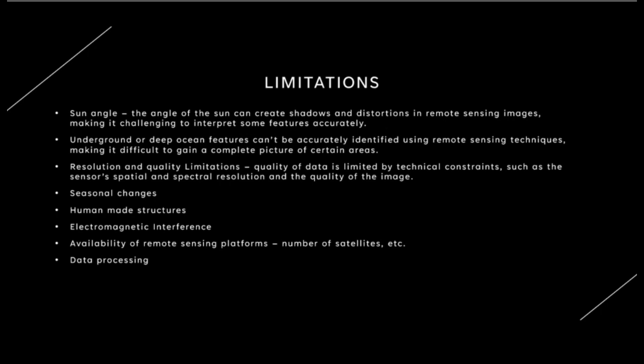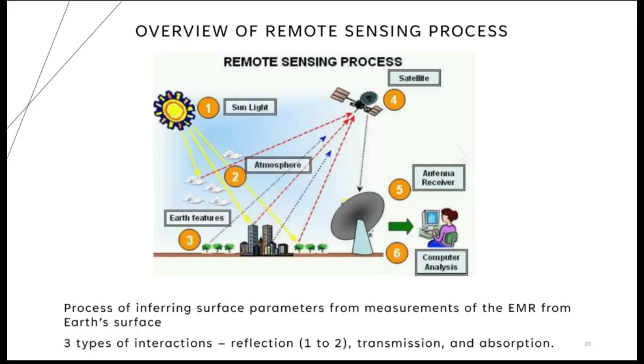And then remote sensing data can be complex and challenging to process, requiring specialized tools and software, which can limit its accessibility to non-experts. The limitations of the data processing can limit the usefulness and accessibility of remote sensing data in some applications. And these are just to state a few.